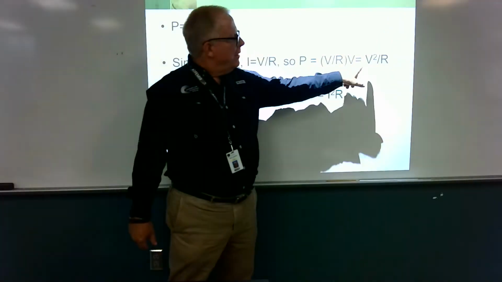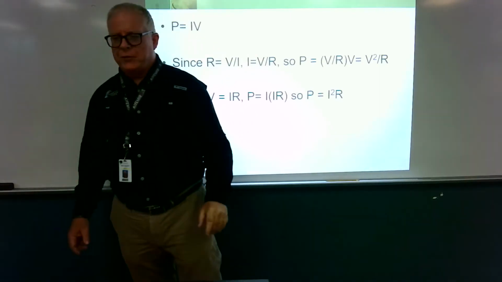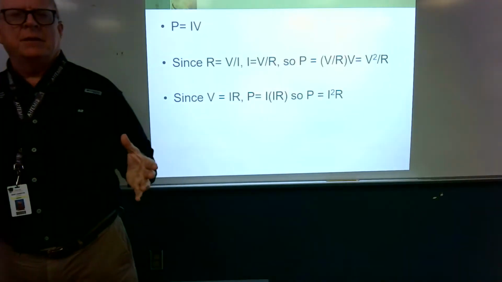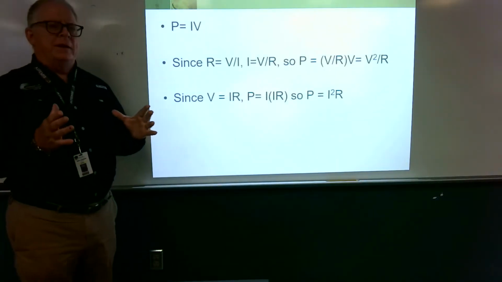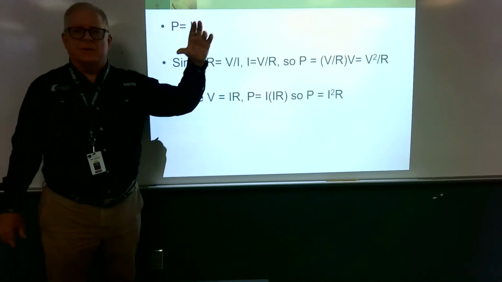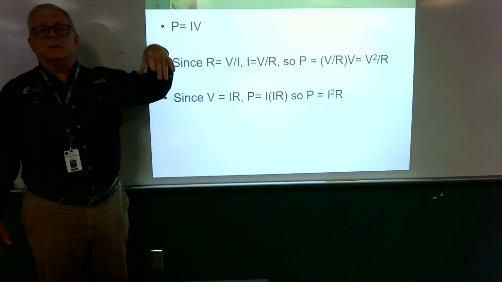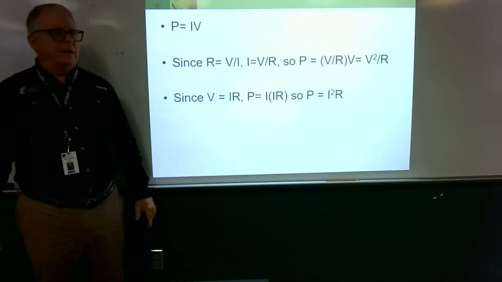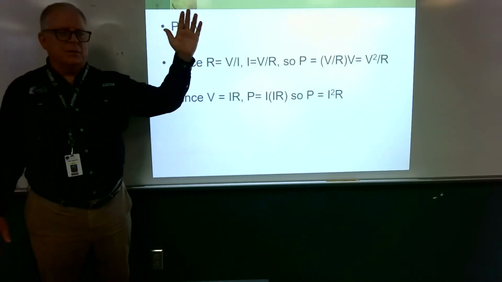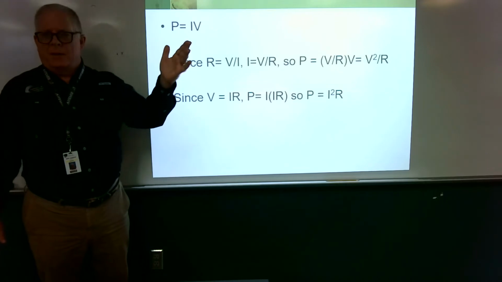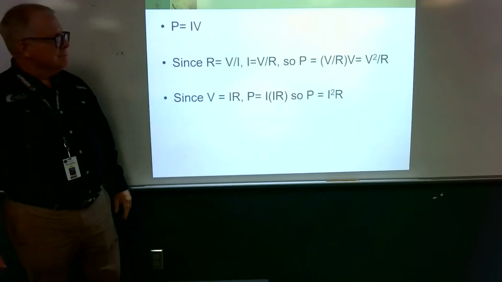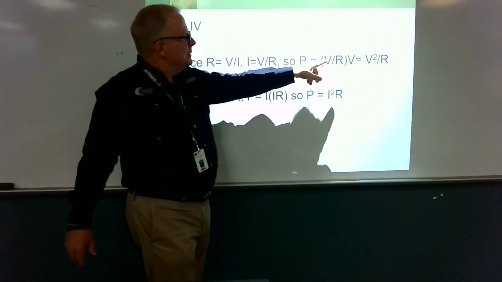This one is very often useful when doing an analysis of a circuit, when we know what the resistance is in a certain branch of the circuit, or if you know what the voltage across the circuit is. Say, for example, you have a household and all the circuits are in parallel and they're 120 volts. Well, then we know what the voltage is.